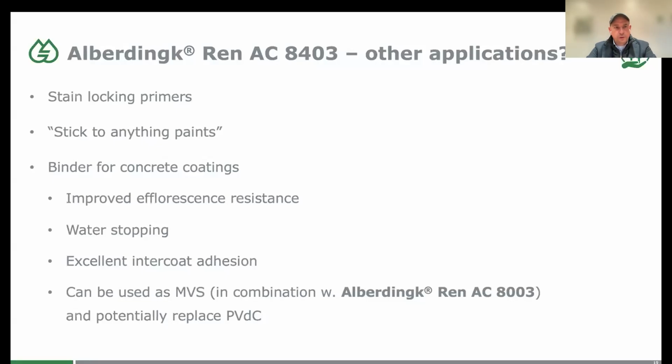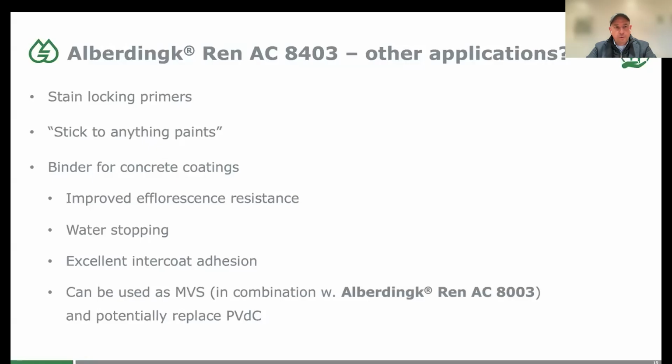The other thing you can do is make a so-called stick-to-anything paint. Thanks to the self-cross-linking and the adhesion-promoting chemistry that we are using in REN AC 8403, it sticks to loads of different plastics and metal and even inorganic surfaces.